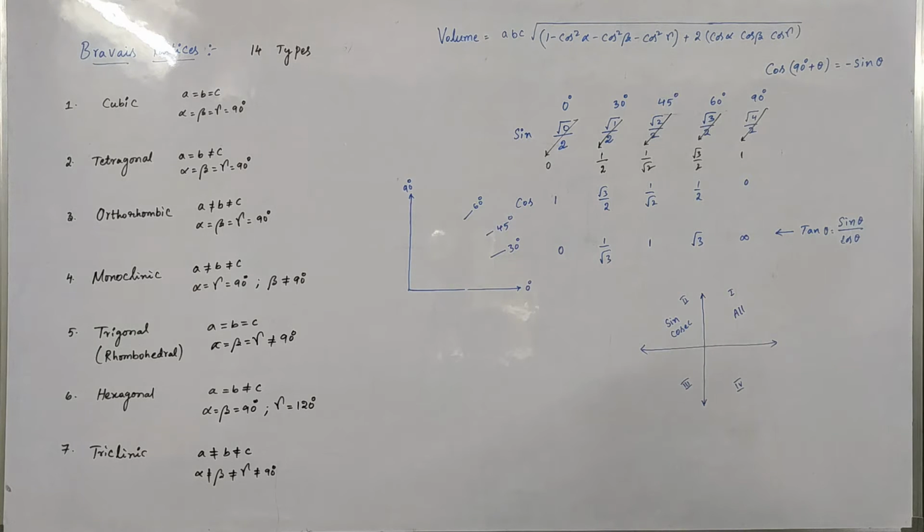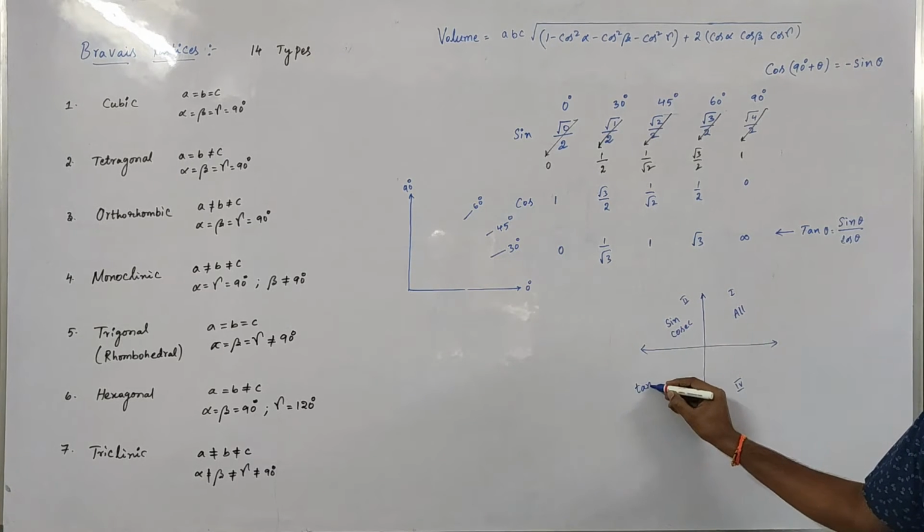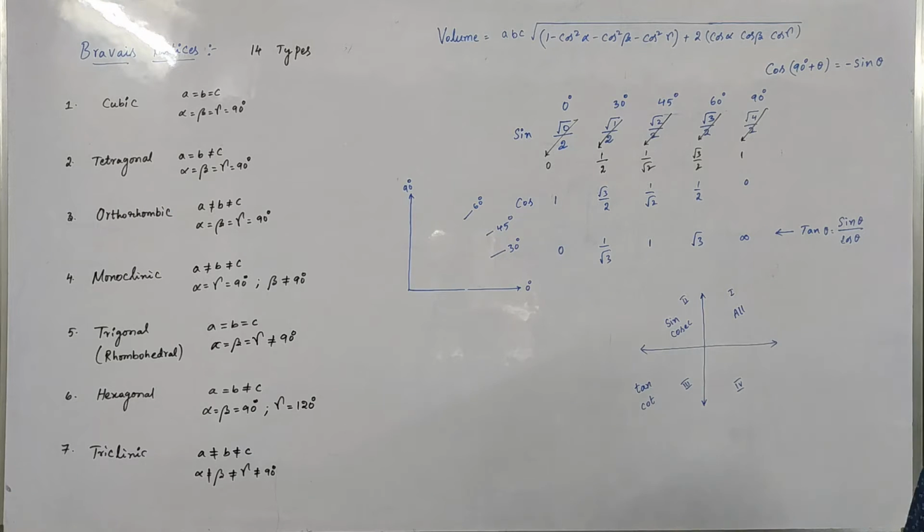Tan and cot: cot means 1 upon tan. Cos and secant: secant means 1 by cos. These are the positive terms. This is the reason why cos of 90 plus theta is taken as minus sin theta. Cos becomes negative.